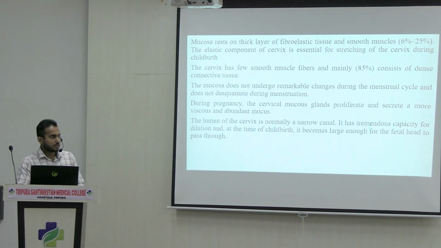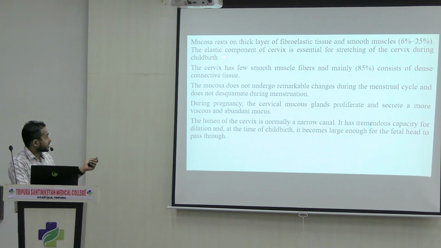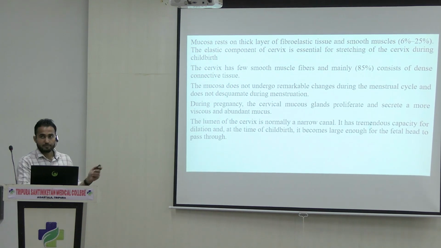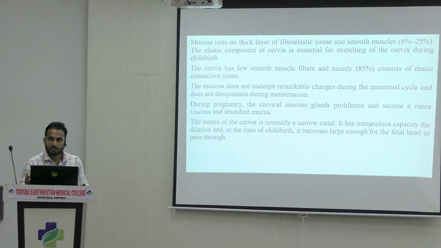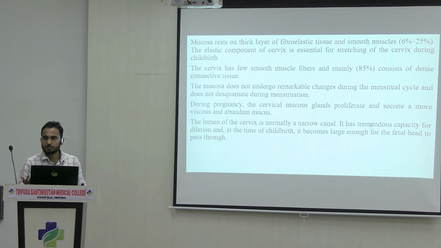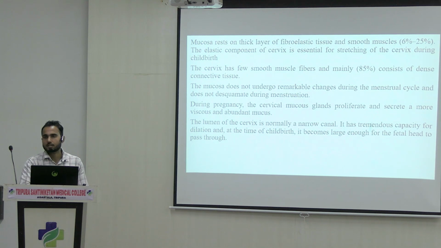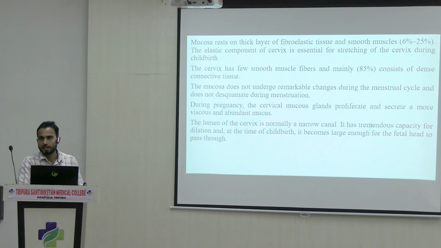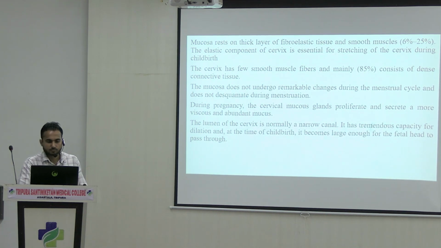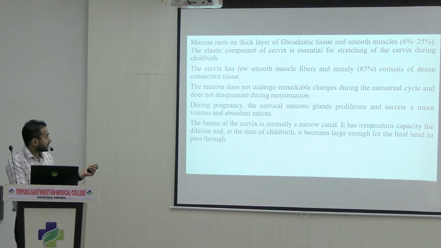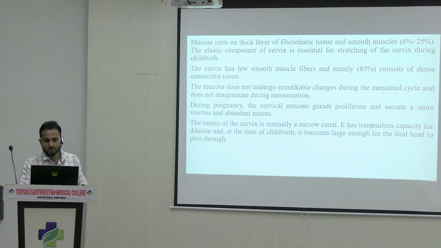Along with that, the elastic component is also present, and it is very important because it allows the distension of the cervix. Why is distension of the cervix required? For childbirth, for parturition. The cervix has very few smooth muscle fibers, and approximately 85% of it is made up of dense connective tissue.